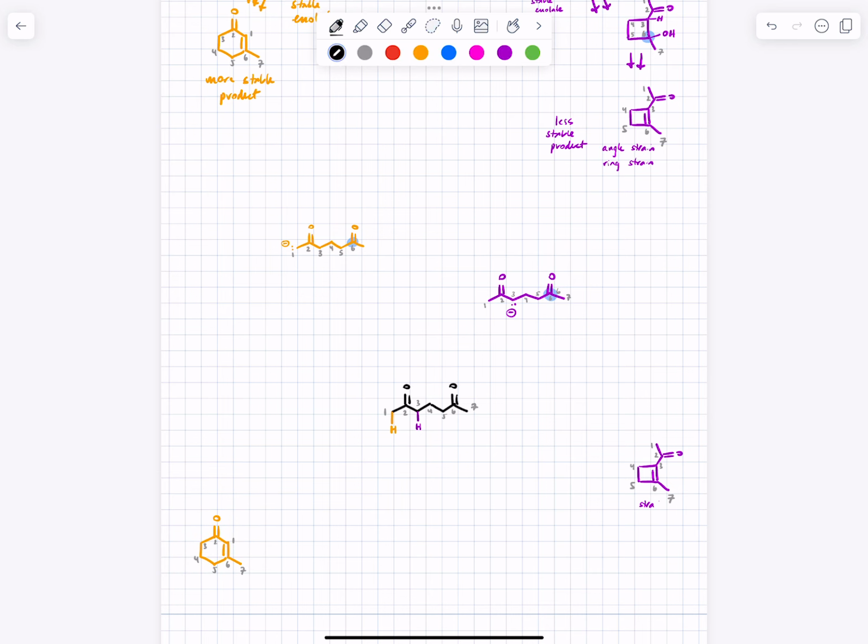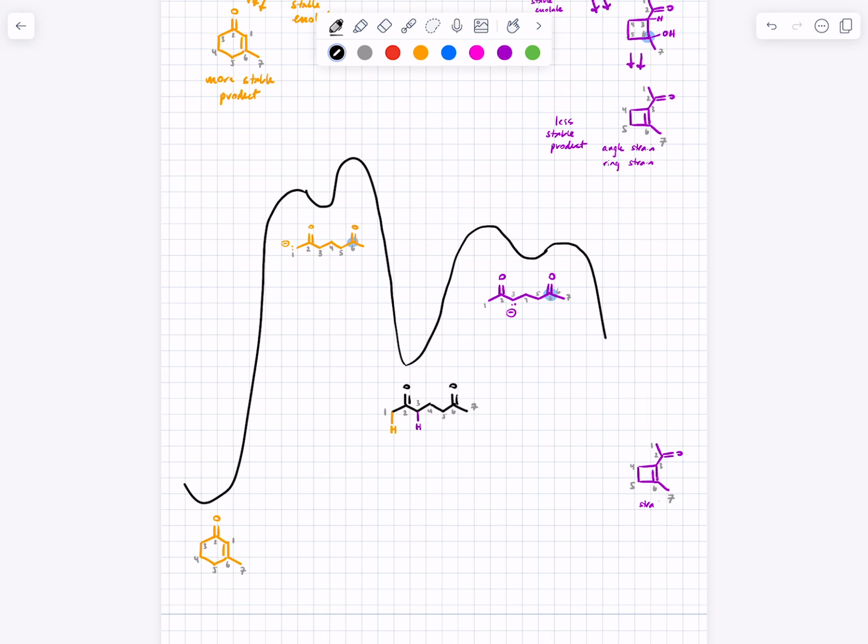This is probably exaggerated, but this is sort of our energy diagram. We can go up a hill to the more substituted, more stable enolate on this side, or up a hill to the less substituted enolate on this side, but the less substituted enolate leads to the more favorable product. And because products are in equilibrium with starting materials, even though at any given point there's more of the purple enolate than the orange enolate, over time we tend to form more of this more stable product.